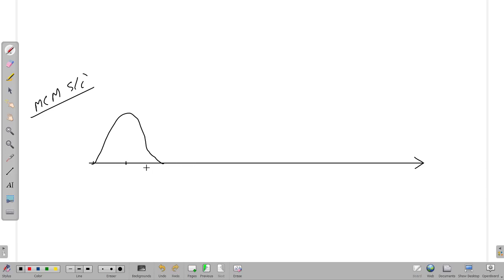Remember, when you draw these subcarriers, when you sample this subcarrier, all the other subcarriers should be 0. When you sample this subcarrier, all the other subcarriers must be 0. It's like this.